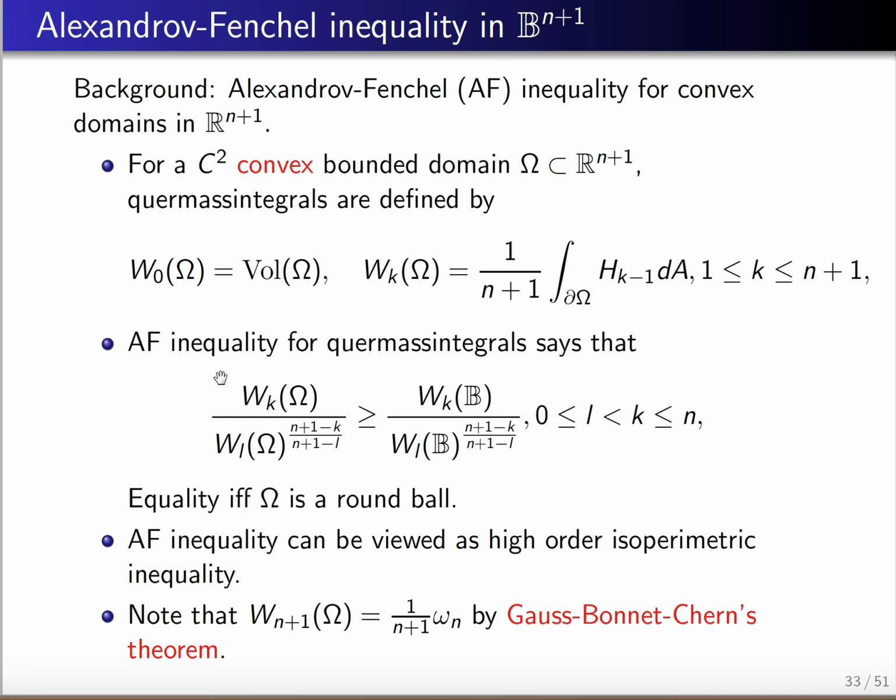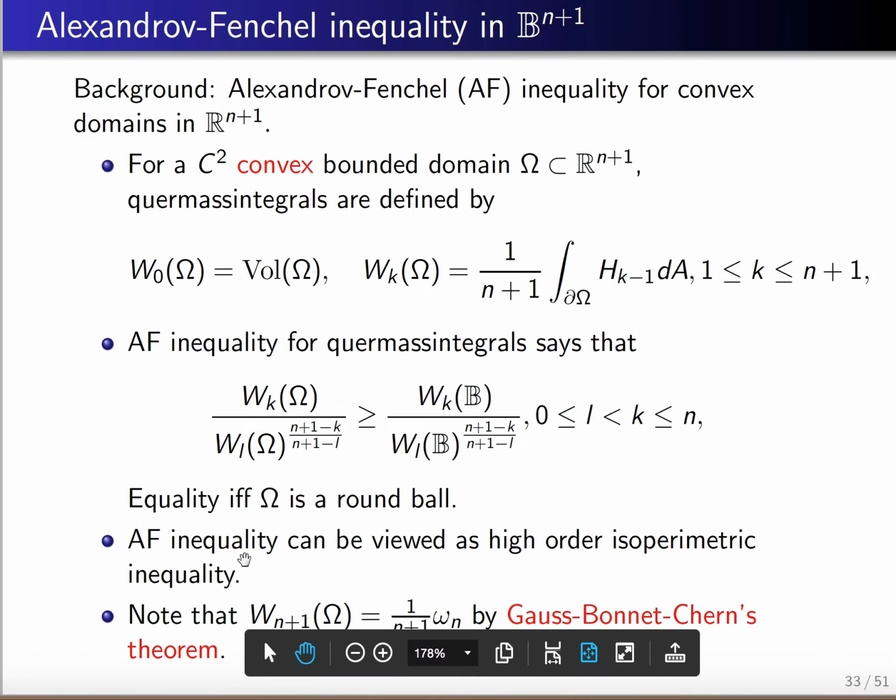So the Alexandrov-Fenchel inequality for these quermassintegrals says that the ratio Wk over Wl to some power is scaling invariant, and this ratio attains its minimum or infimum at a ball.